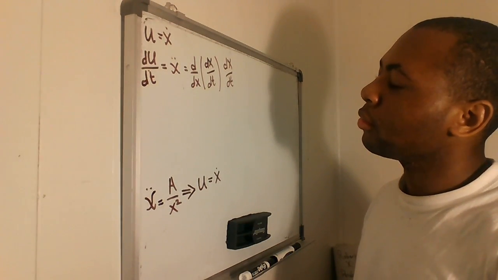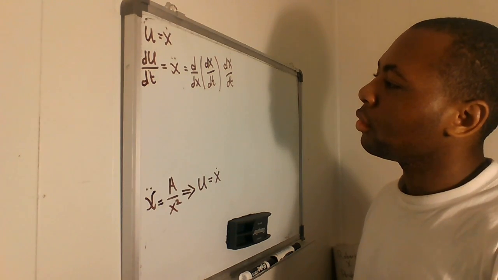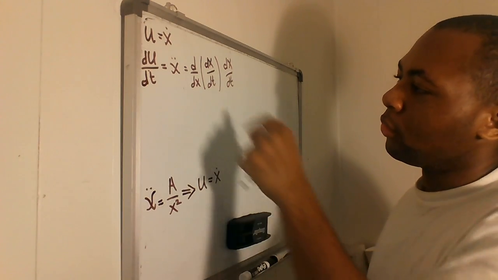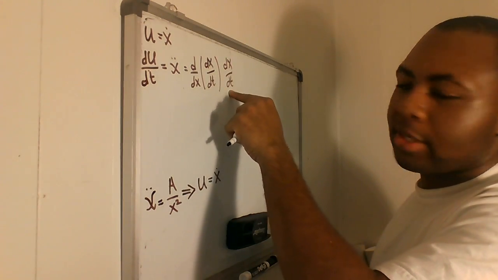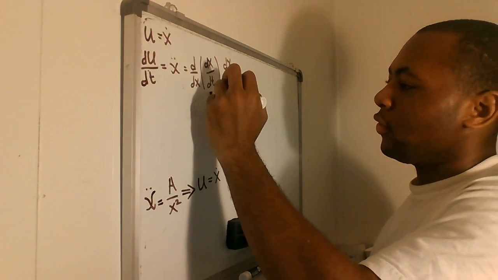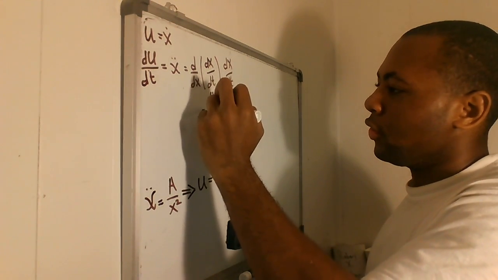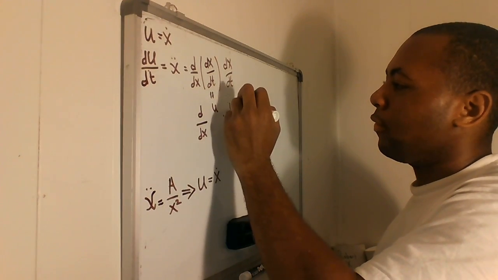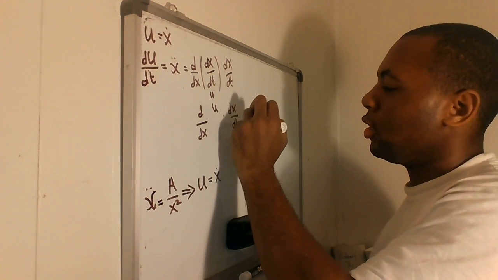Right? Chain rule? Yeah, it's chain rule, because those two will cancel, and then you have d/dt of dx/dt, and dx/dt, what is that? This is u. So this is du/dx of u dotted with dx/dt.